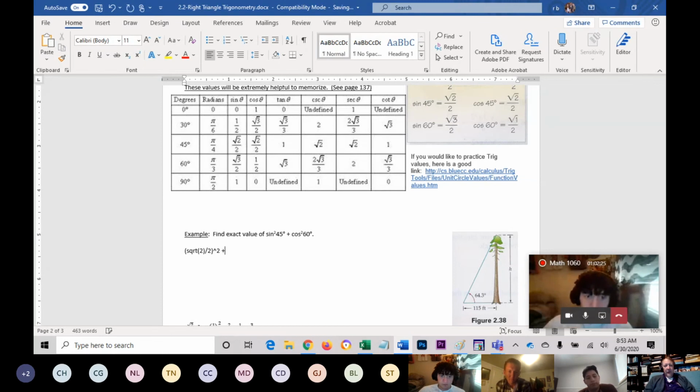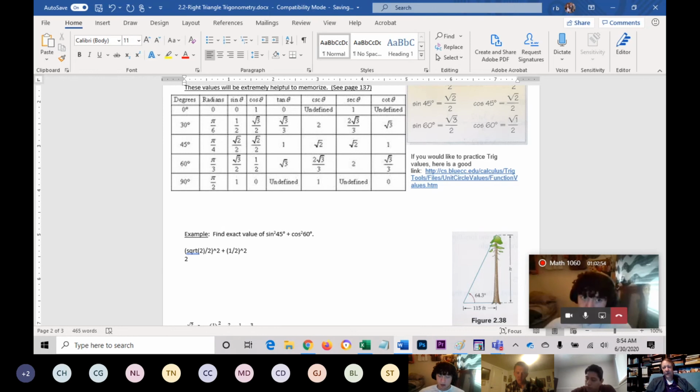Okay, and then we're going to do the cosine of 60 squared, cosine squared of 60. And that is, according to the chart, 1/2. 1/2 squared. Okay. And so the square root of 2 squared is? 4. Square root of 4 is? 16. No, it's 2.